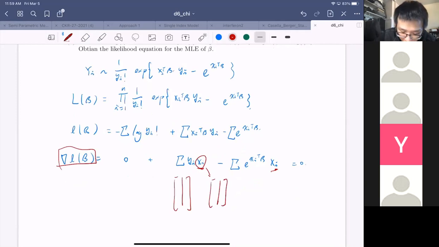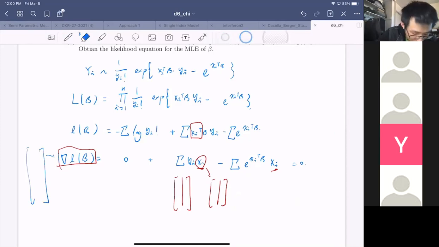So the derivative of this is a row vector, so I write it as Xi transpose.